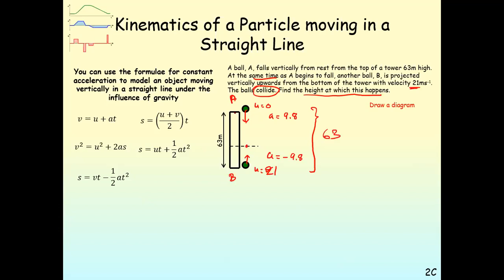If I consider this height is x, this height is 63 minus x. So we have a distance for each one of them. We have displacement, we have u, we have acceleration, and we have distance. And they will collide at, and there is also a distance, a u, and acceleration a.